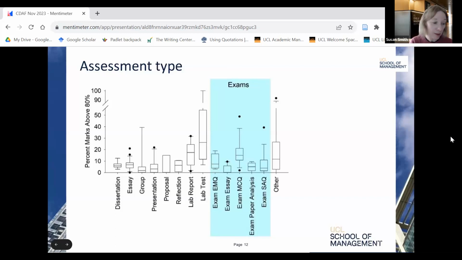Over 152 assessments he was looking at, and that equated to 13,745 submissions. So he had quite a lot of data. And initially, what he was interested in was whether the style of the mark scheme made a difference to the range of outcomes. So he was looking at that, but then became more interested in the type of assessments.